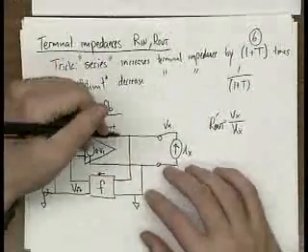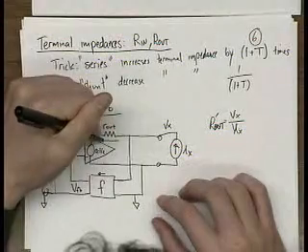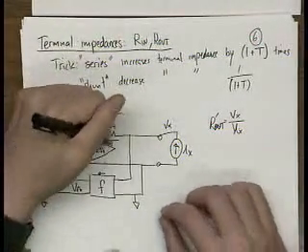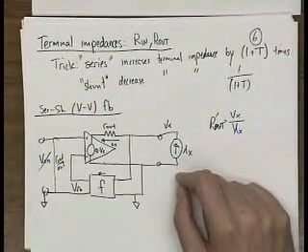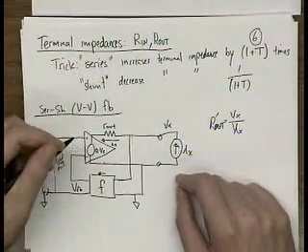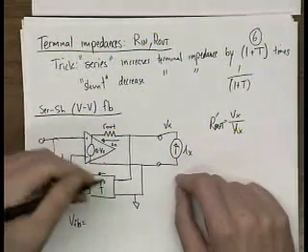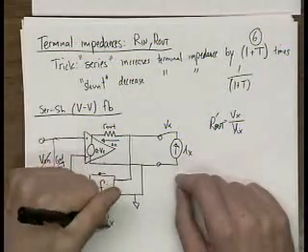Okay. So, well, let's look at the circuit first. We know that Ix has to flow through that resistor. There's nowhere else for it to flow. Okay? And we also know that VFB is going to be equal to F times Vx, right?